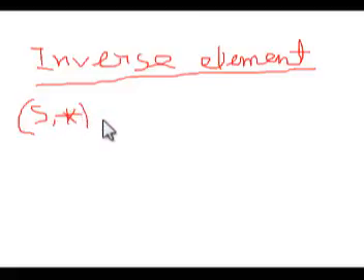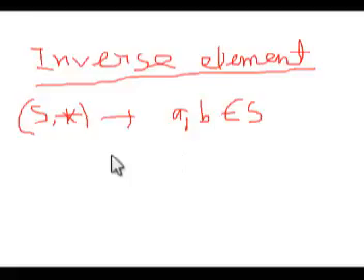If you take any two elements A and B in the set S, and we know that E is the identity element in S, we have already assumed that E is the identity element in S.